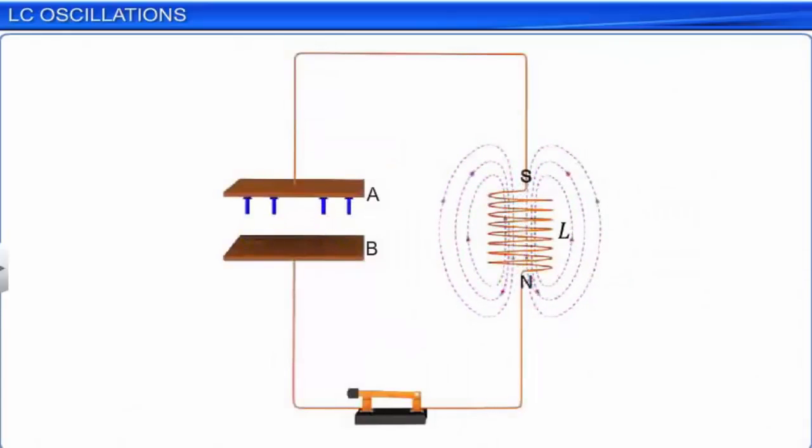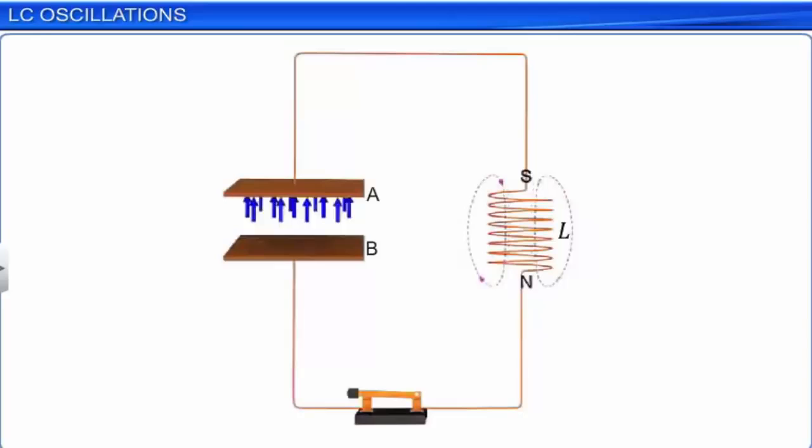This induced current in the circuit, which is from plate B to plate A, charges the capacitor in the opposite sense, with plate B now positive and plate A negative. This induced current exists as long as the magnetic field exists around the inductor. By the time the magnetic field reduces to zero, the capacitor becomes fully charged.